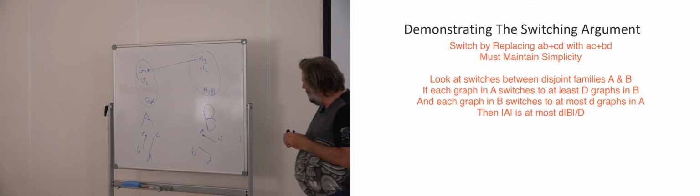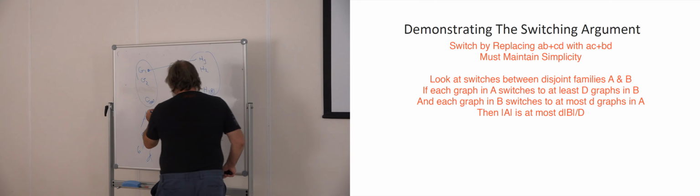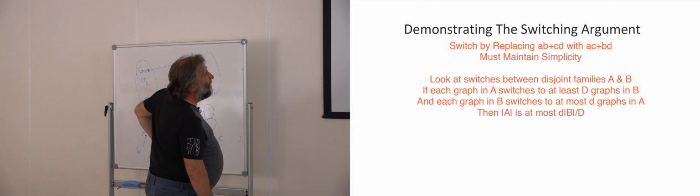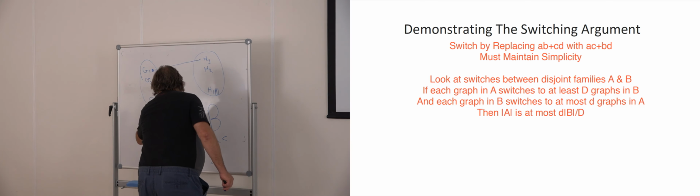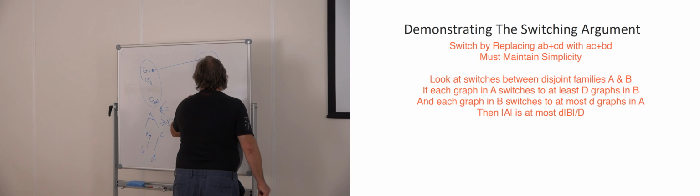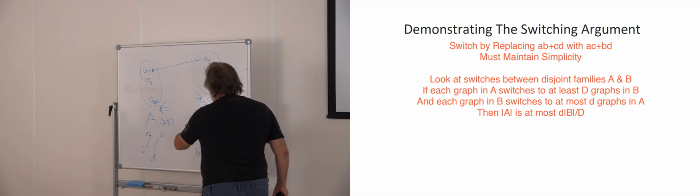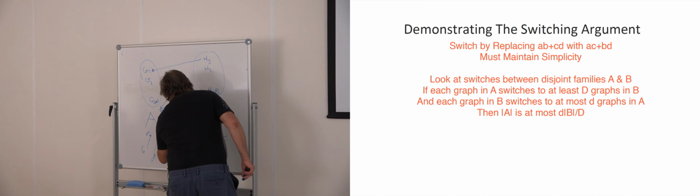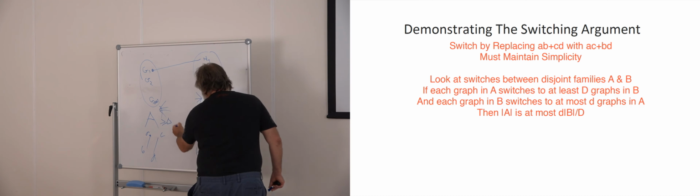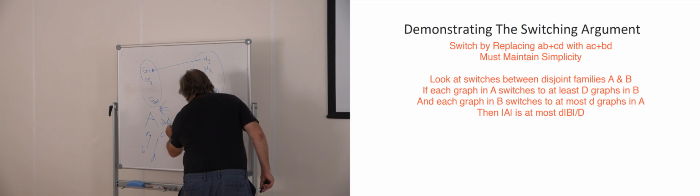Suppose I have a bound here. Everybody in A has degree greater than or equal to D, and everybody in B has degree less than or equal to delta. Then what can I say about the number of edges?